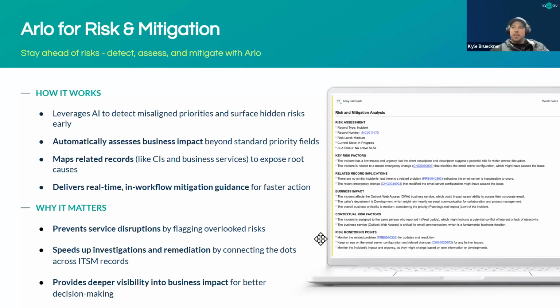And so it'll give the user sort of a head start on getting a bigger picture regarding what's related to this record and how that bigger picture relates to risk and mitigating that risk.